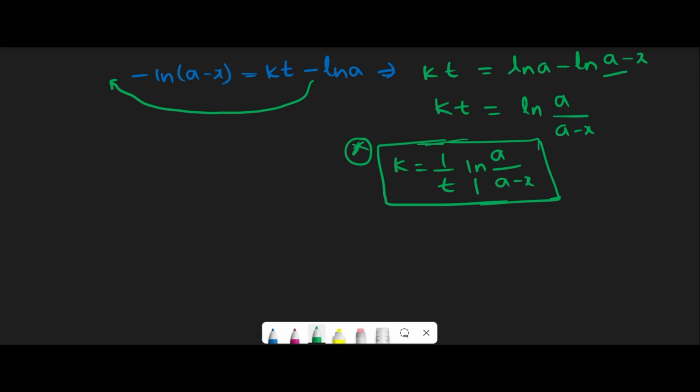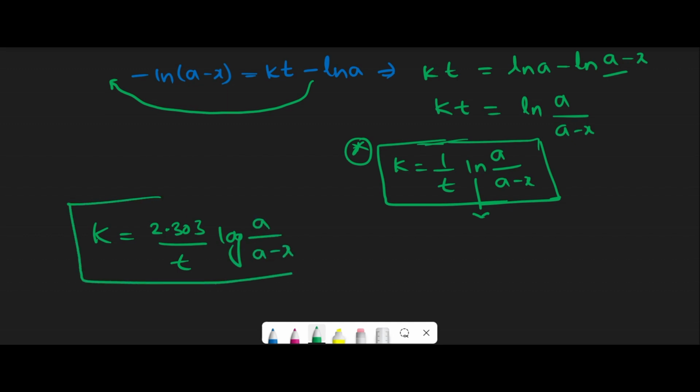Now we can convert the natural logarithm base e into logarithm base 10 by multiplying with 2.303. Therefore we will get k equal to 2.303 by t log a by a minus x. So this will be the rate constant for the first order reaction.